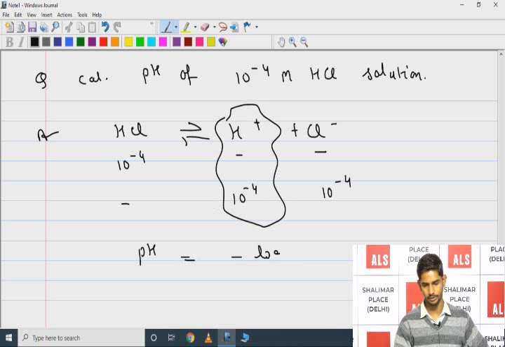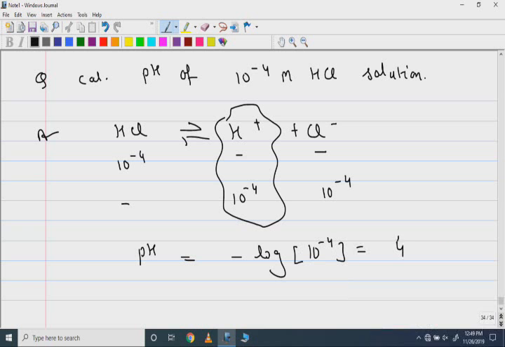This is nothing but 10 to the power minus 4, and when solving you get pH 4. Clear? Are you clear with this one, guys?